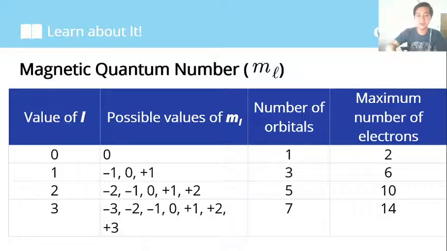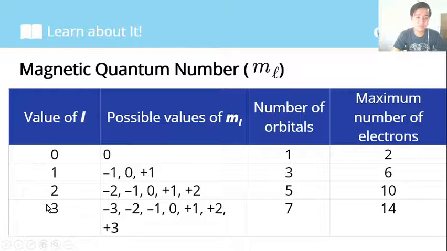Again, it's from negative L to positive L, so that would be negative 1, 0, positive 1. If the value of L is 2, that would be negative 2, negative 1, 0, positive 1, positive 2.